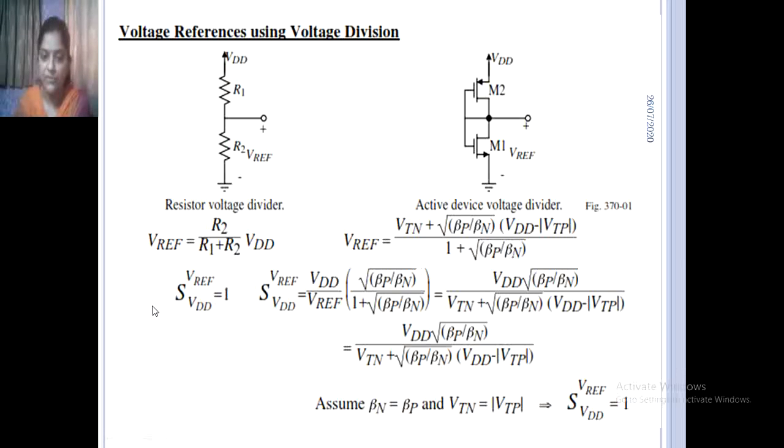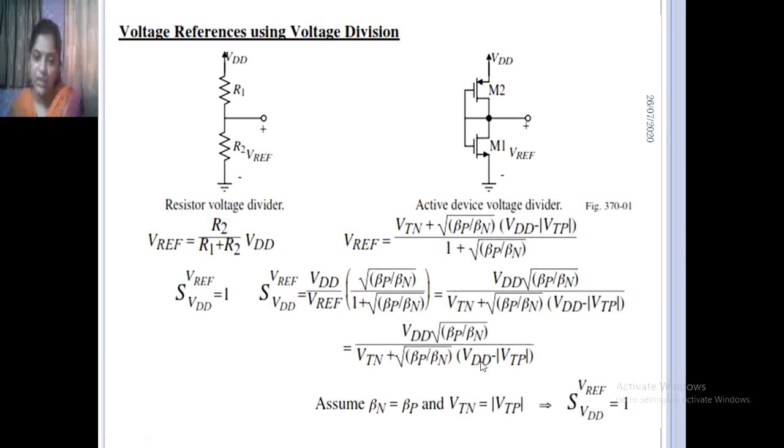The stability is stated as V reference divided by VDD, times the amplification current factor. We put in the value of V reference, so this gets upside down and cancelled, and the remaining part we have written here.